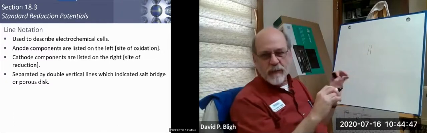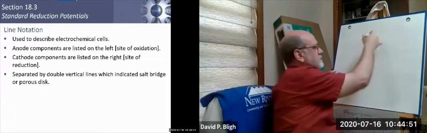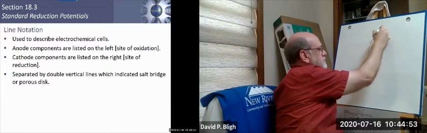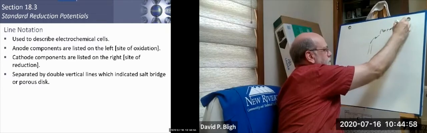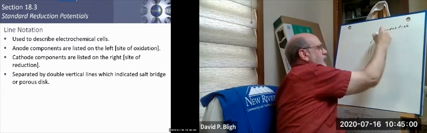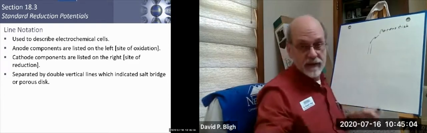The double line represents either a porous disk or a salt bridge.